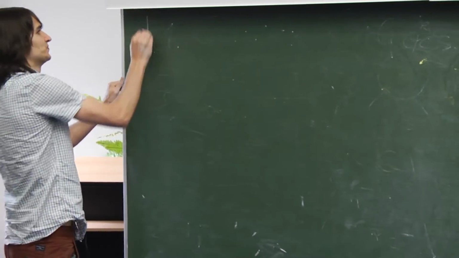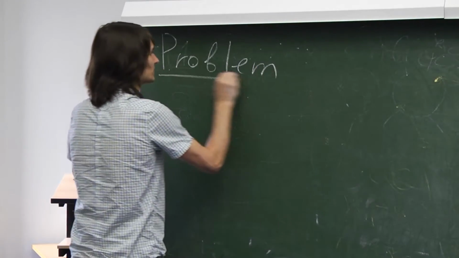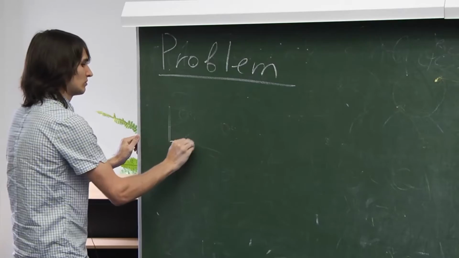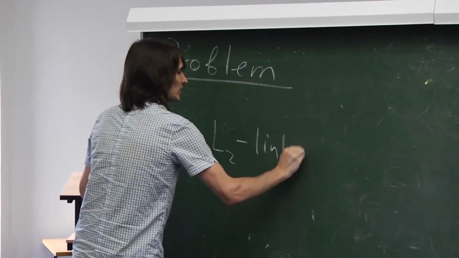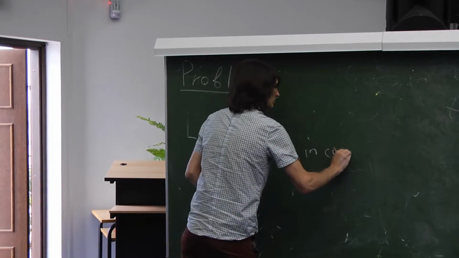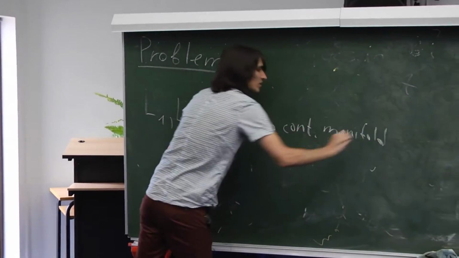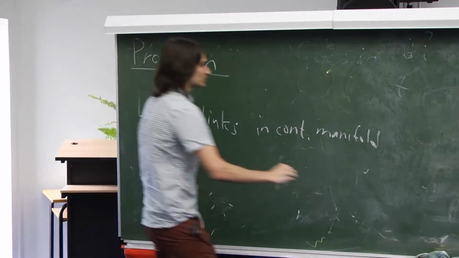Suppose there are two links in a contact manifold which are tangent to the contact structure.